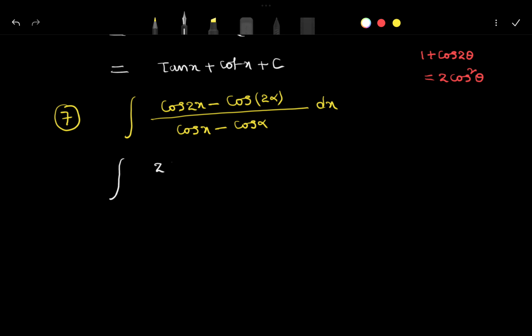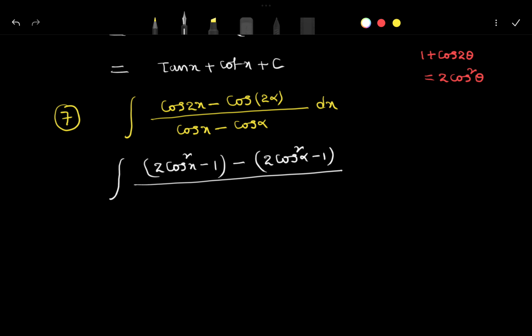The integration of 2 into cos square x minus 1, this is the first term, minus the second one, 2 into cos square alpha minus 1, whole divided by cos x minus cos alpha into dx. Check this one: in the numerator, the plus 1 and minus 1 cancel.